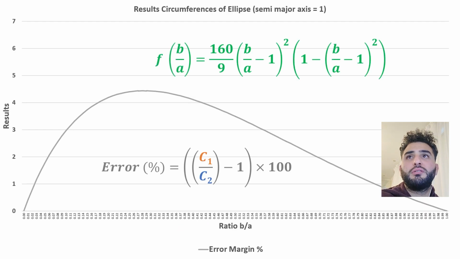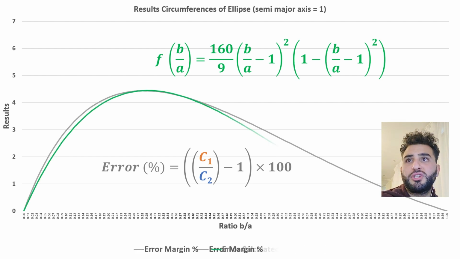So here is now the function of b over a multiplied by 160 over 9 to give me 4.444 when b over a is 0.29292929. Okay.